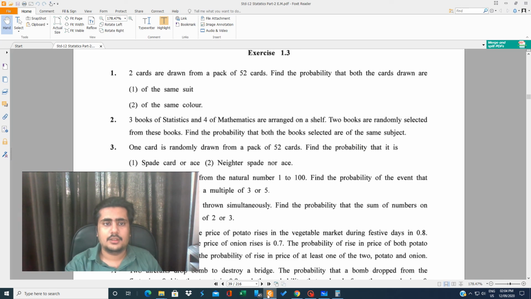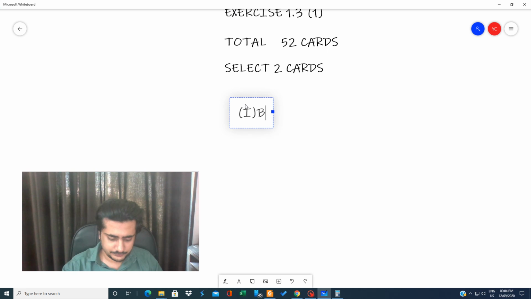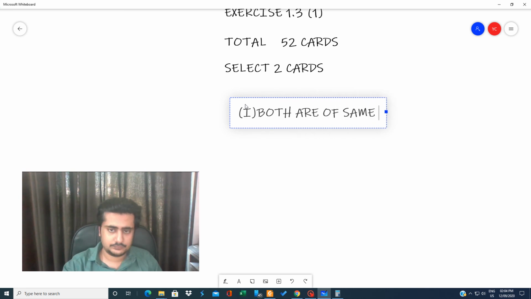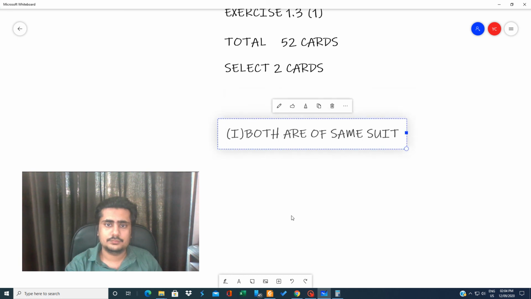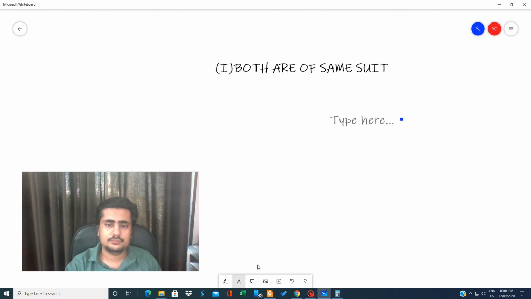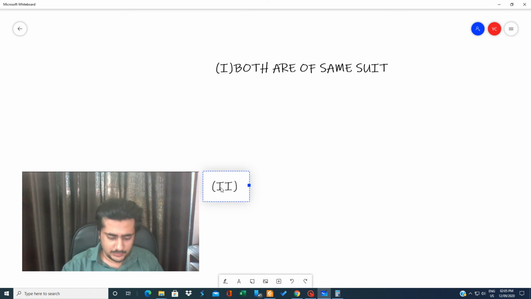That both are of the same suit, or both are of the same color.